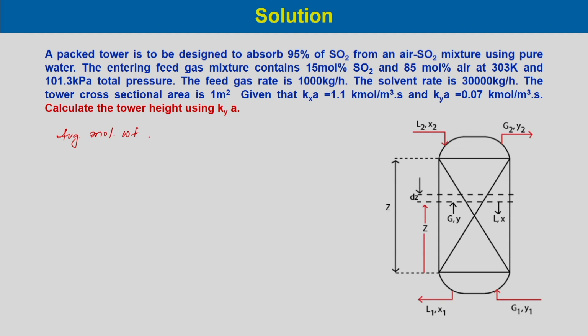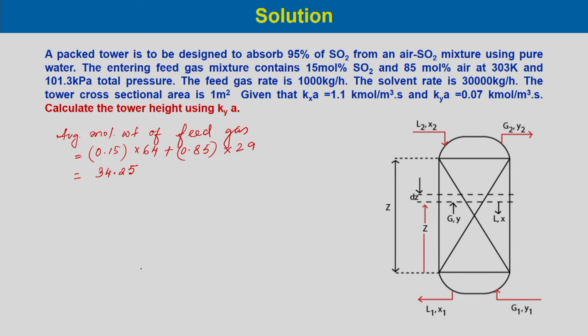Average molecular weight of feed gas is equal to, we have 15 mole percent of sulfur dioxide, so 0.15 multiplied by its molecular weight, 64, plus we have 85% air, so 0.85 into the molecular weight of air, 29, and so it will give 34.25.